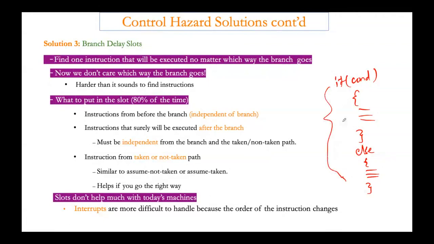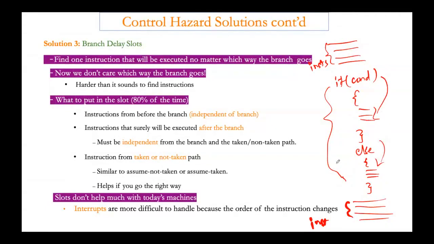So this is a conditional one. Before that, there may be some instructions which are independent of this branch, and there are some instructions after this branch which are also independent. These are independent instructions, and these are your dependent instructions. These instructions depend upon these conditions.